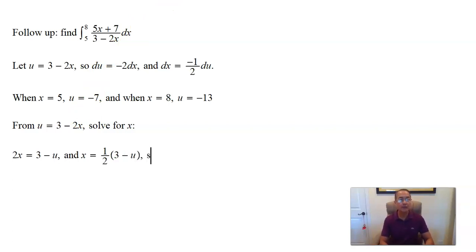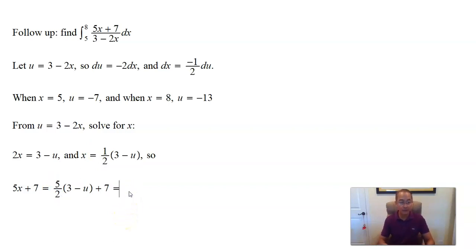Okay, so from here, we can solve for 5x plus 7, our numerator. 5x plus 7 is 5 times 1/2 (3 minus u). So let me change this to 5 over 2. There we go.